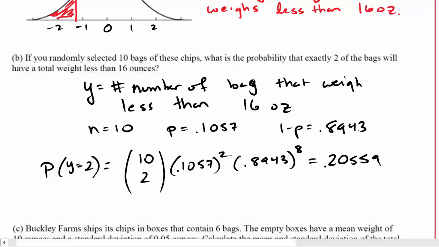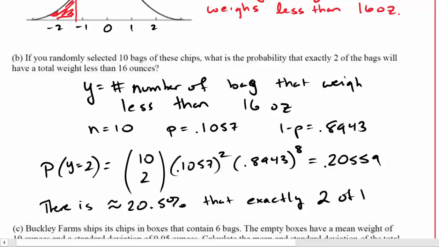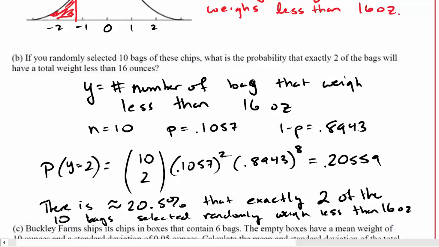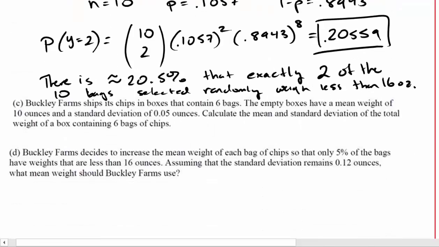So we can say there is approximately a 20.5% chance or probability that exactly 2 of the 10 bags selected at random weigh less than 16 ounces. Okay, moving on.